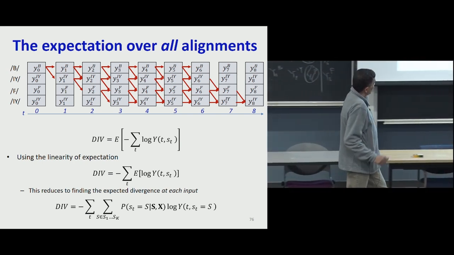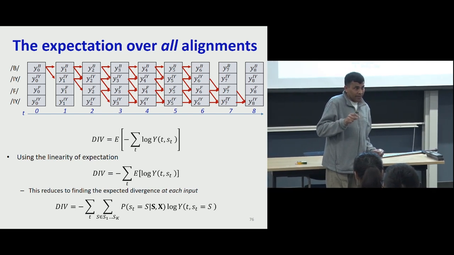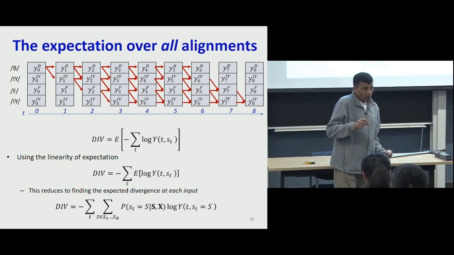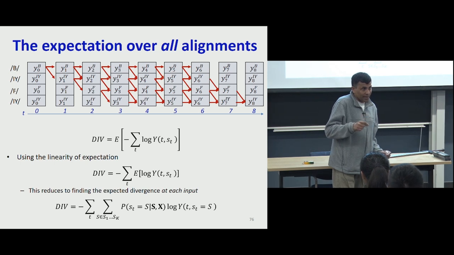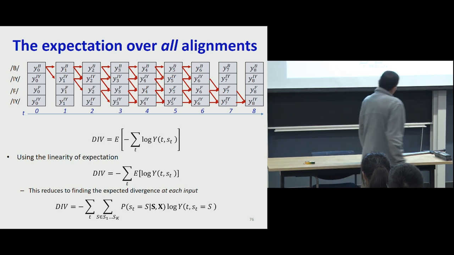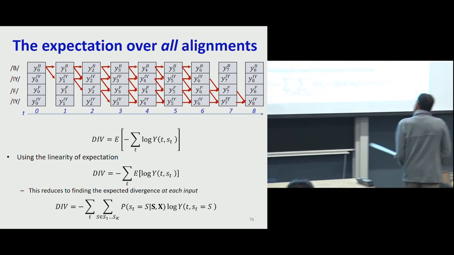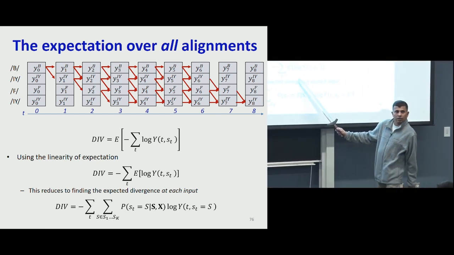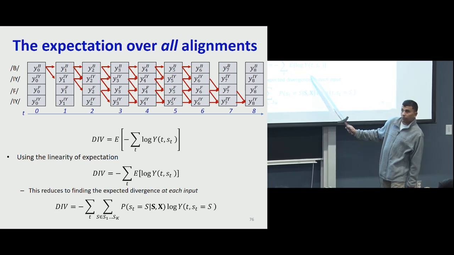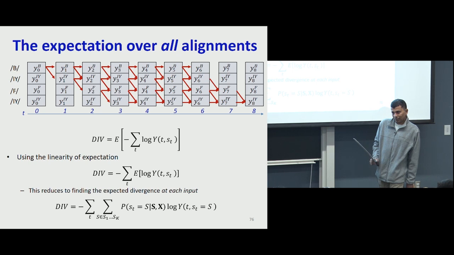And furthermore, at each time, I'm going to be looking at the expectation of the divergence at that time over all possible target symbols. So what does this really mean? Now, what is the expected divergence between the output of the network and the target symbol, where the target symbol can be one of those four, B, E, F, and E, right?